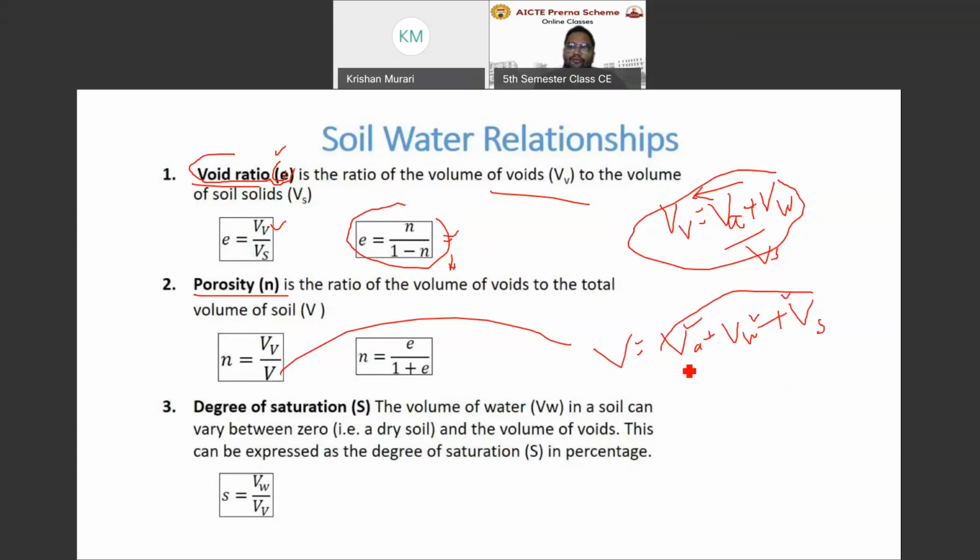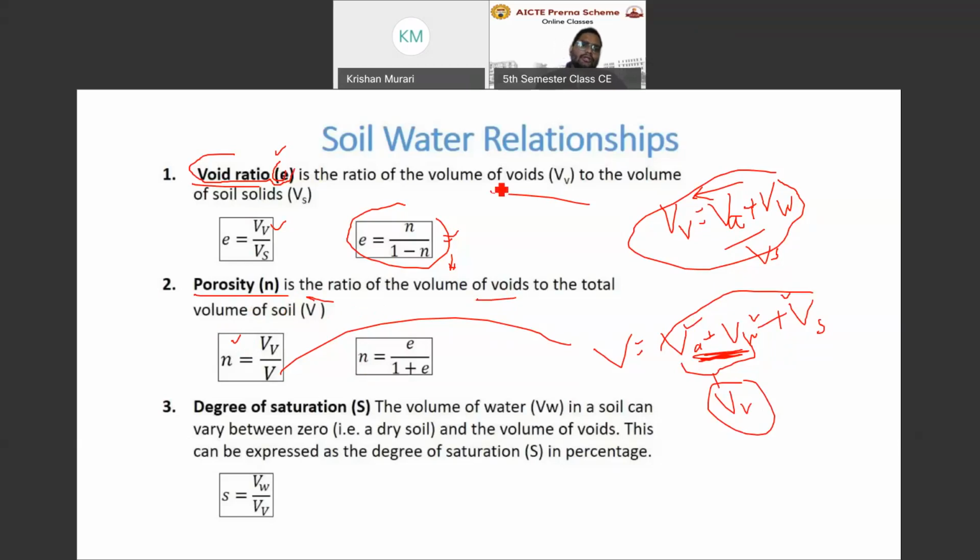Va and Vw together we represent as Vv, the volume of voids. So porosity is the ratio of the volume of voids to the total volume.